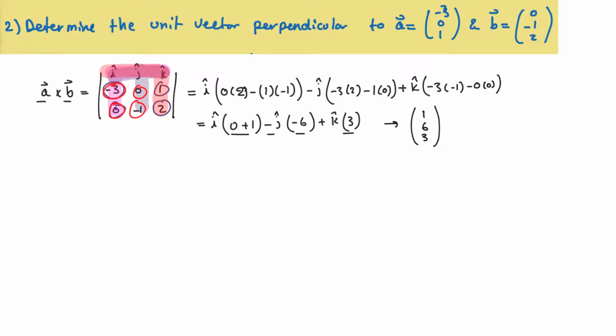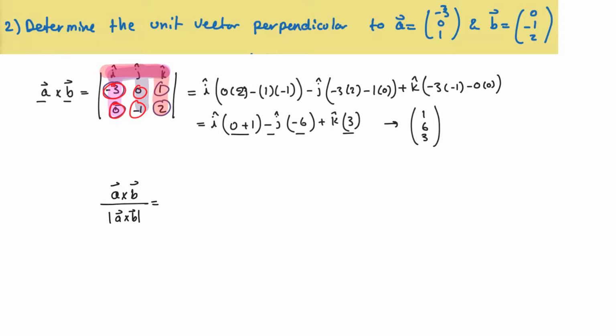And to find the unit vector, I have to take the cross product of vectors a and b, and divide it by the magnitude of the cross product.